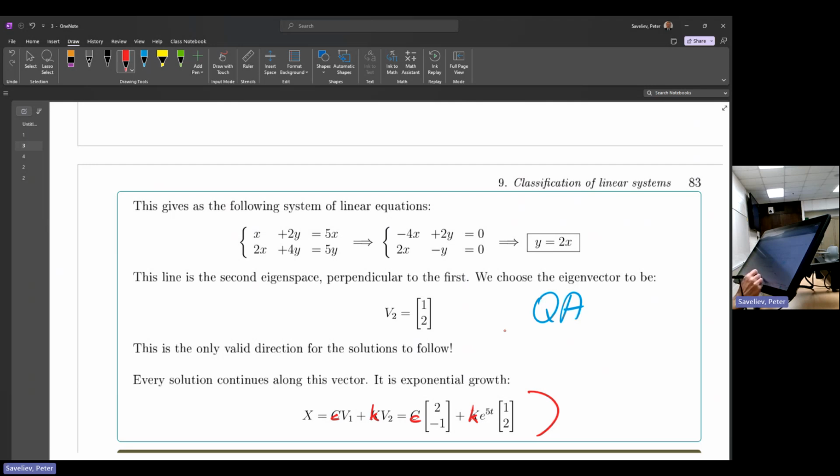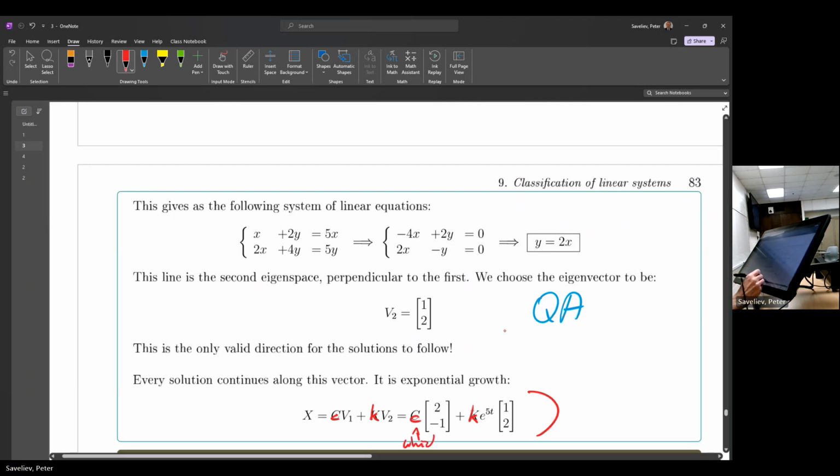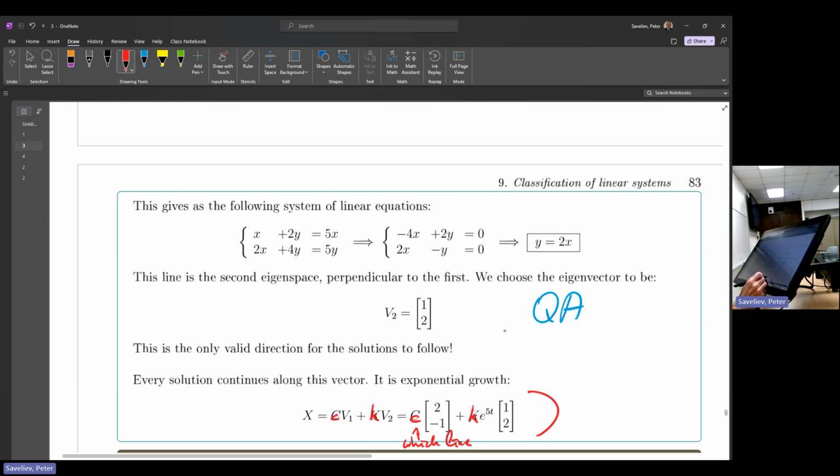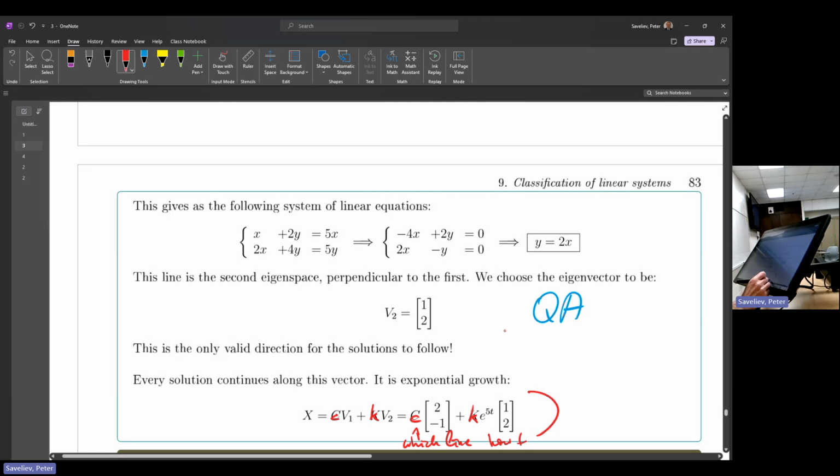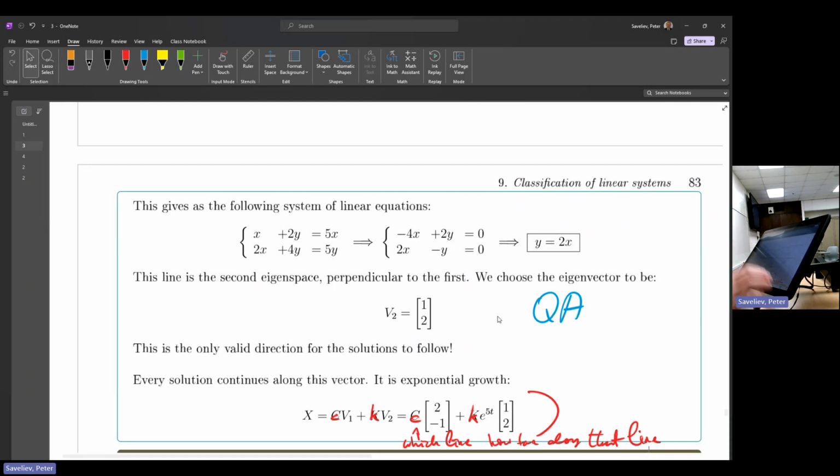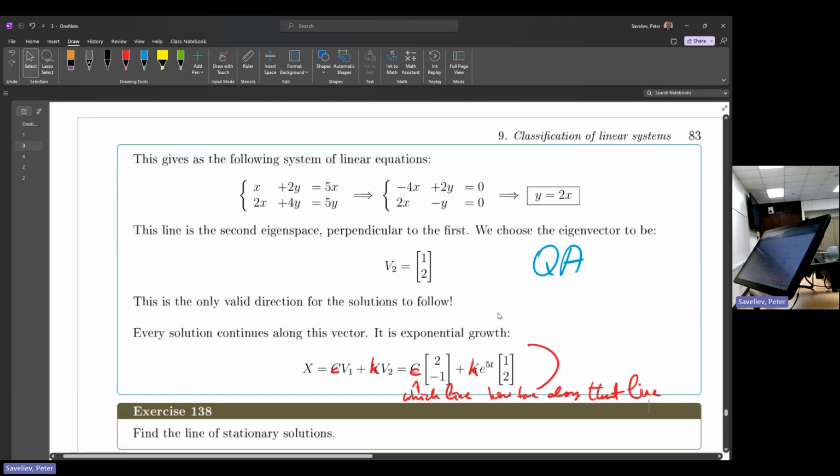This indicates which of those lines parallel to each other we are on, and this indicates how far along that line. Okay, so that's all there is. It has been solved in this linear algebra manner.